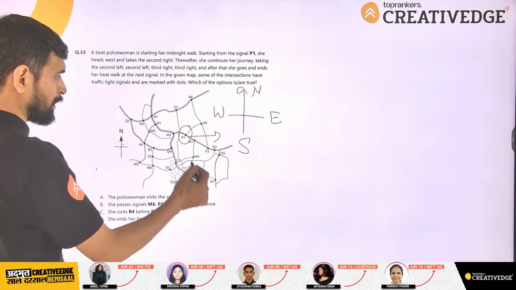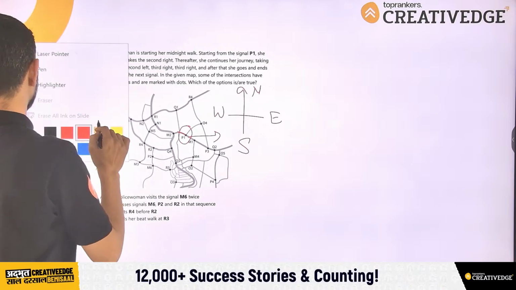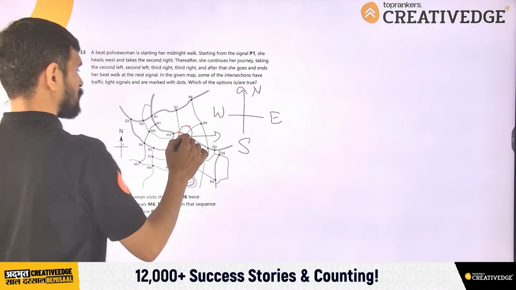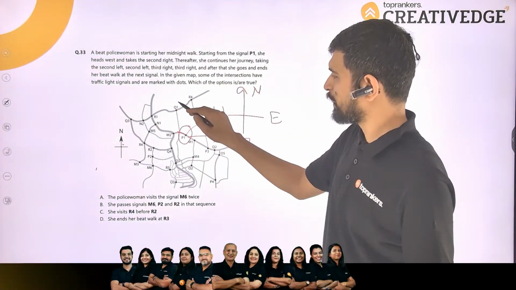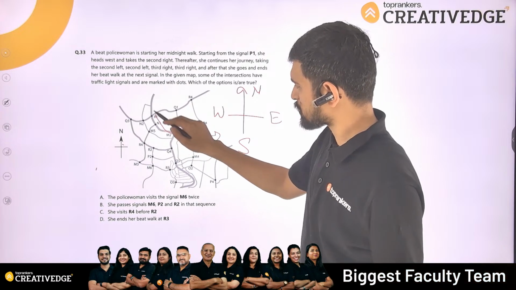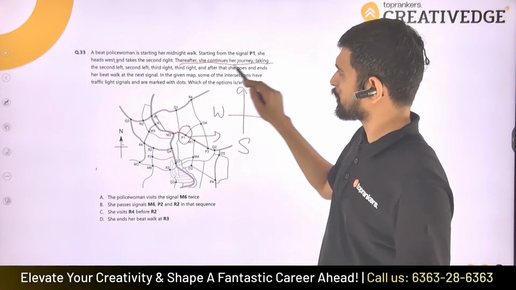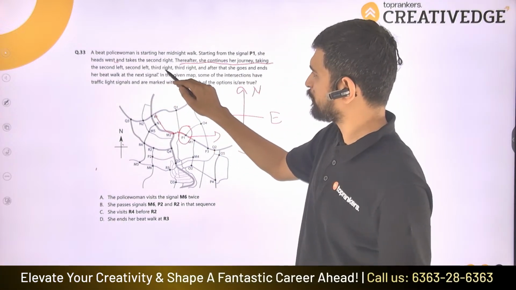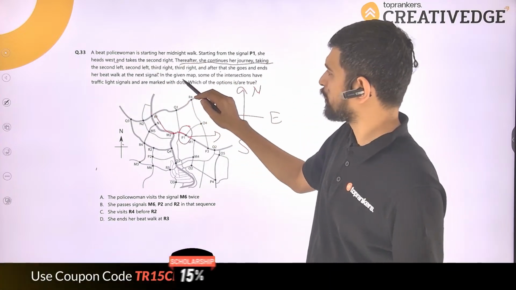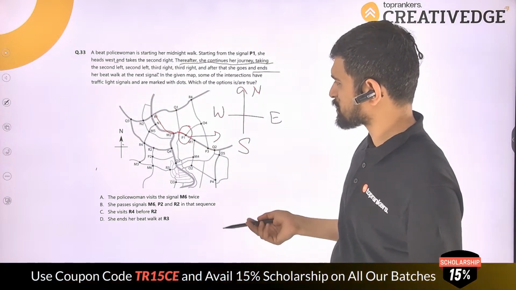Fine. So let me continue with this. So facing west, turning right. First right नहीं है, second right है. तो sir, first right would have led to Q1, second right M2 से इधर आएंगे आप, तो इस तरफ आने लगते हैं. Then thereafter she continues her journey, taking the second left, third right, third right. After that she goes to the end and ends her beat walk to the next signal.